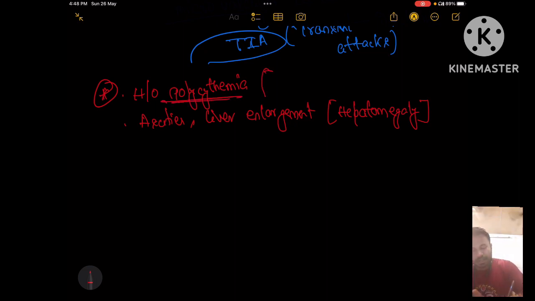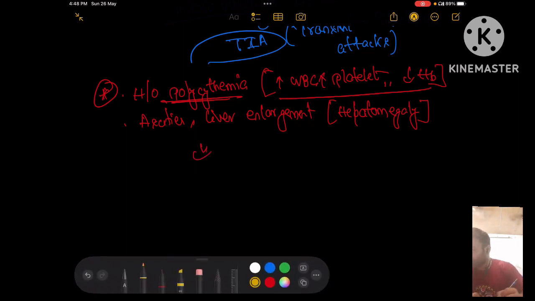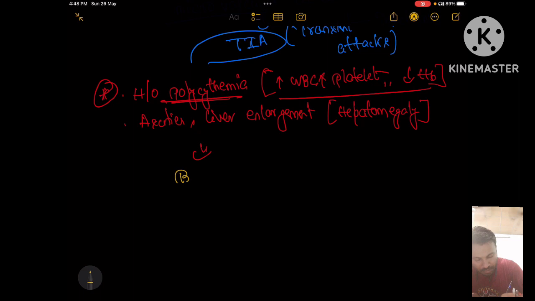History of polycythemia means increased WBC and platelets, and decreased hemoglobin. What is the cause? The most common cause is Budd-Chiari syndrome.